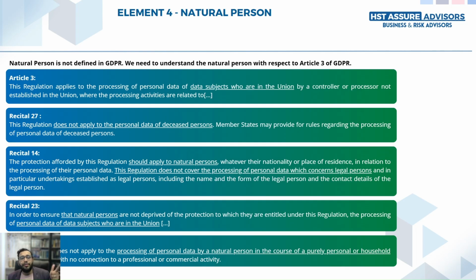Number two, recital 27 says that the regulation does not apply to the processing of personal data of persons who are no longer there. If they have died, and you process the personal data of that person, then this particular regulation will not be applicable. So only a living person should be considered for this regulation.